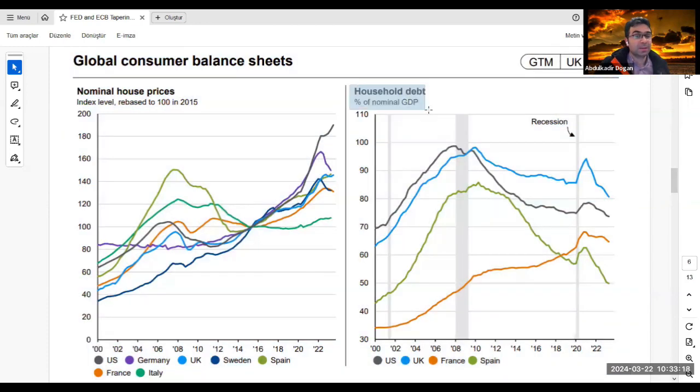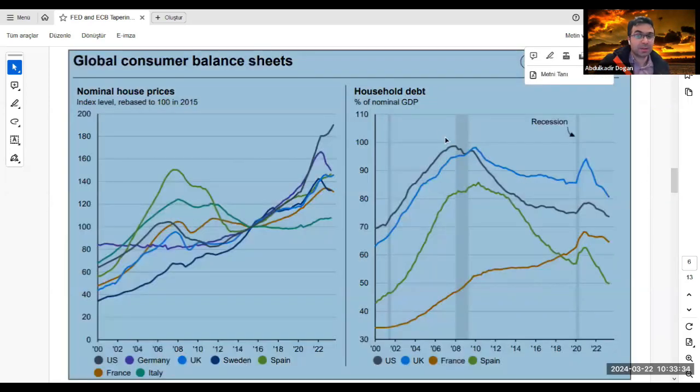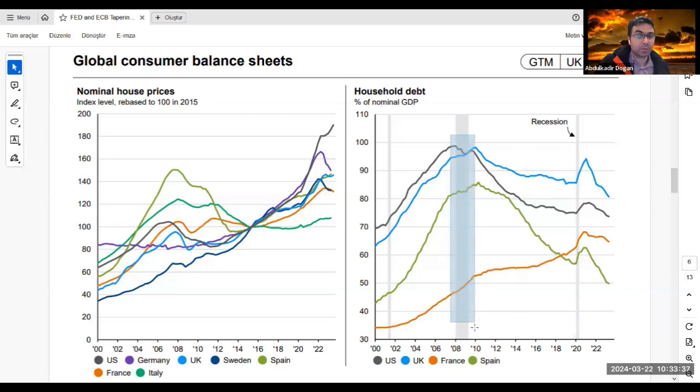And here on the right-hand side, what we see is household debt: the consumer, the household, basic people, not the financial sector, not the institutional firm, basic people like you and me. These are the household sector debts. And as you see here, after the global financial crisis, household debt, because of the increase in the interest rate, decreased gradually until the COVID period started.